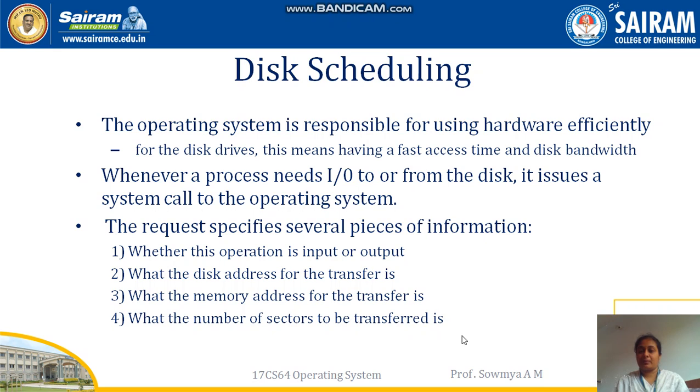Each track is divided into sectors. So you have to find the disk address, which means the track address, the starting address of the track from where you are getting the data, and from that track which sector you are accessing and how many sectors you have to transmit. This is the information needed for input output operations in disk scheduling.